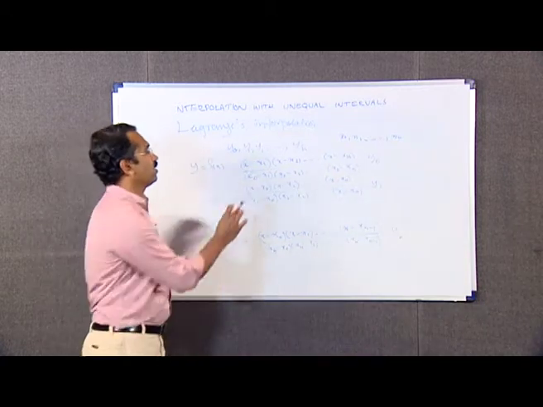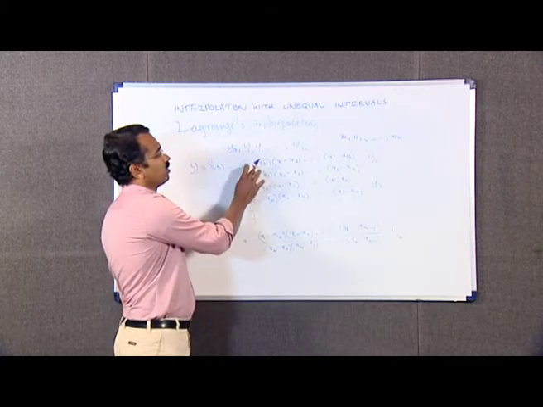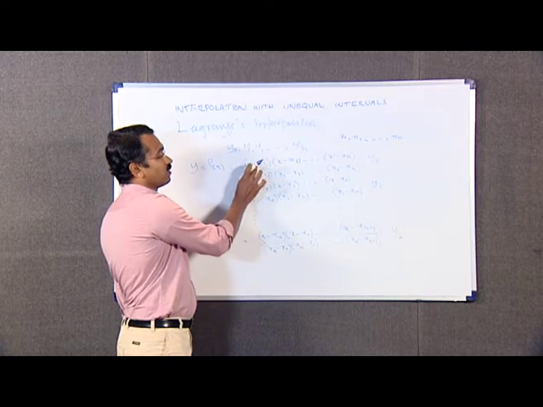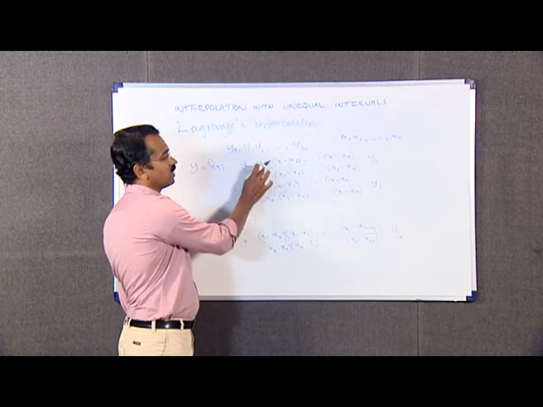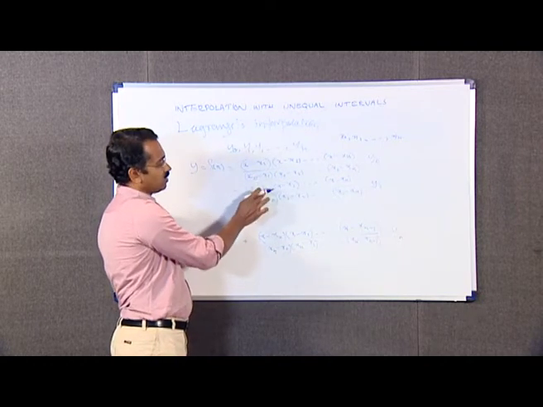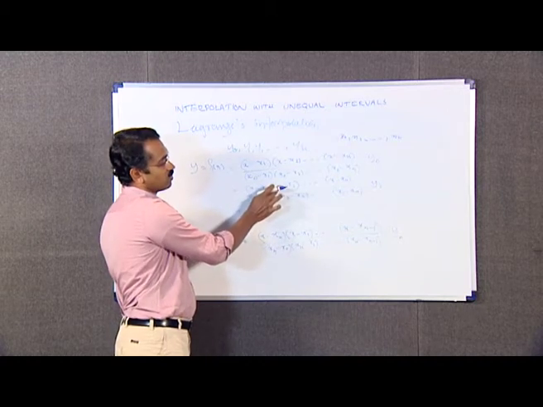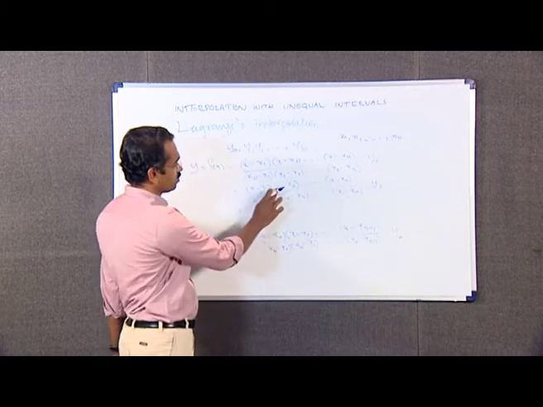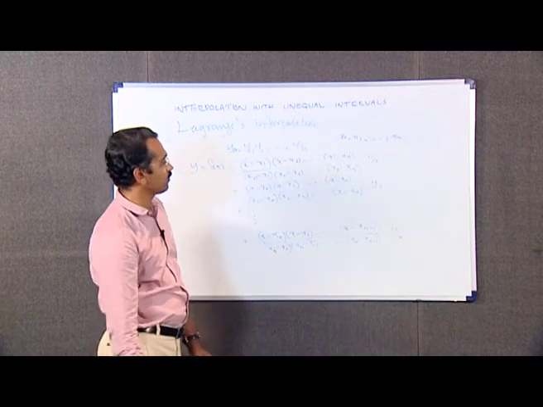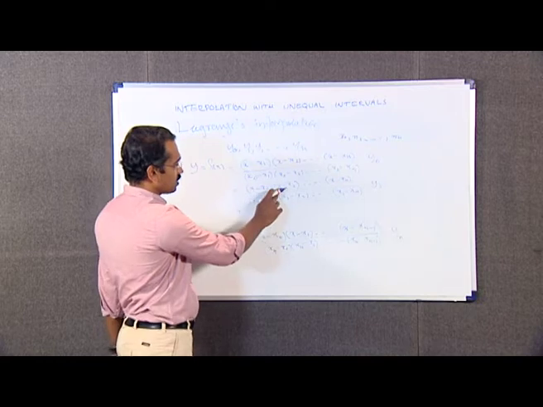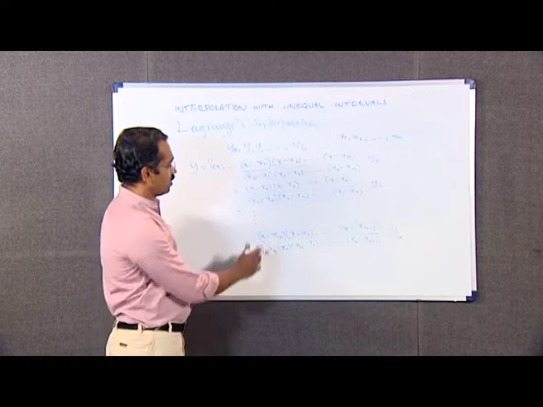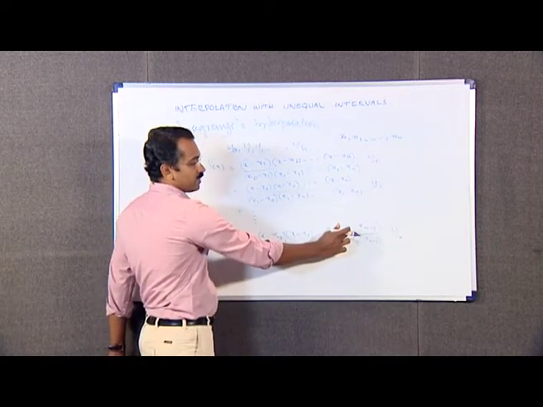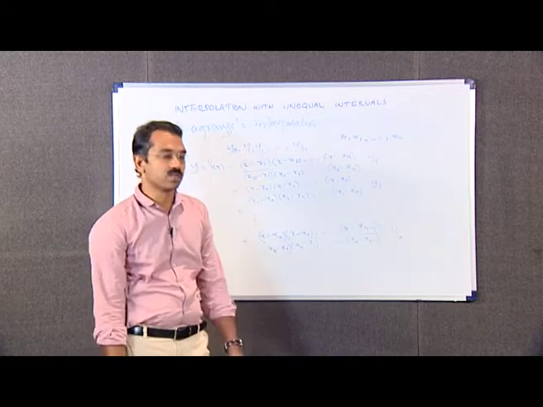Here note that the first term does not contain x minus x naught. In the second term, the term x minus x one is not contained, and in the general term, x minus x n is not contained.